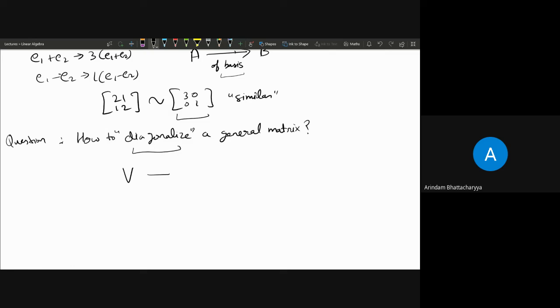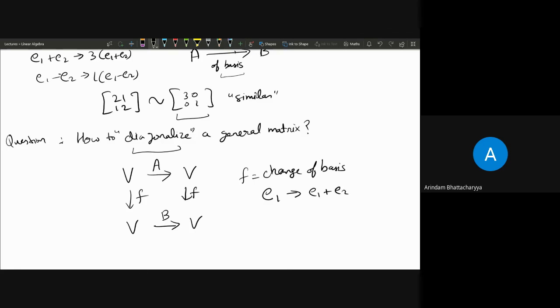We have V to V with A and V to V with B, and this will be a function f. F is the change of basis. F takes E1 to this and E2 to this.